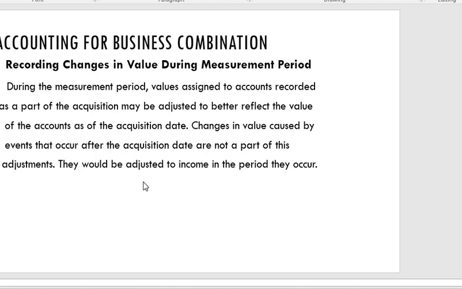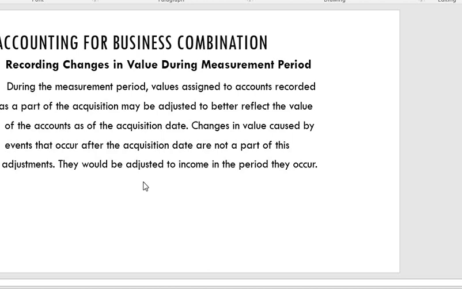may changes din sa value ng assets acquired, liabilities assumed, and also some parts included in the consideration transferred. So during the measurement period, the values assigned to the accounts recorded as part of the acquisition may be adjusted to reflect the value of the accounts as of the acquisition date.